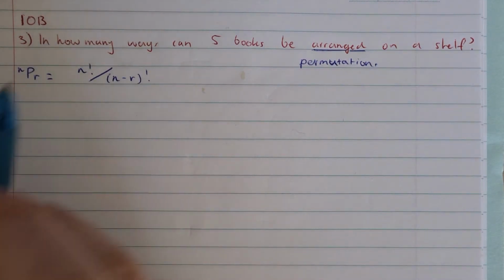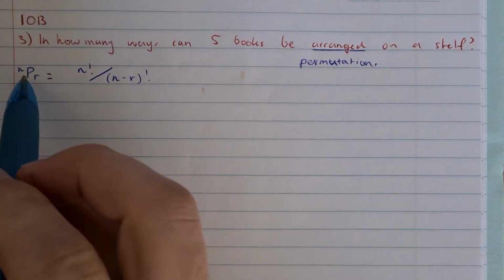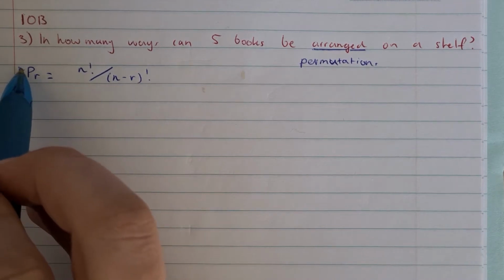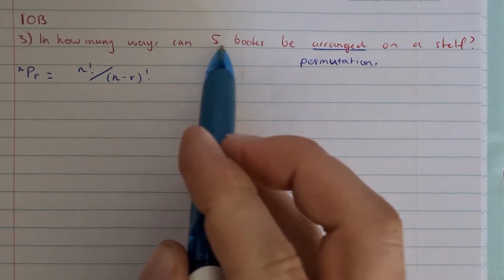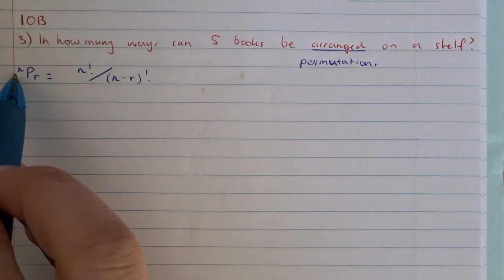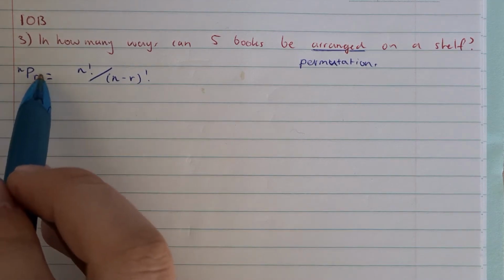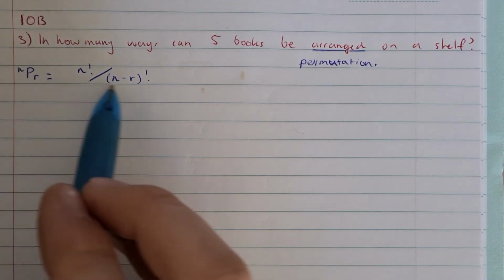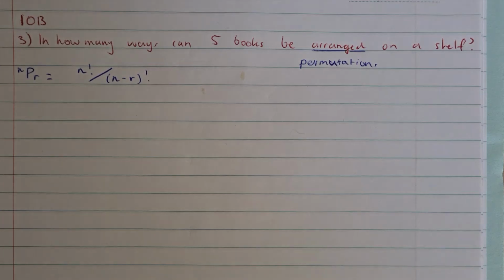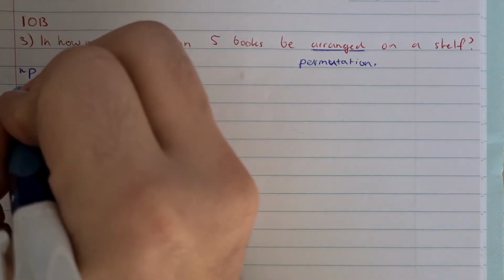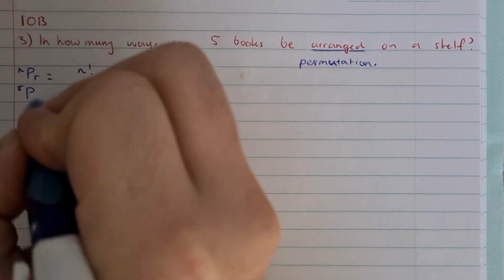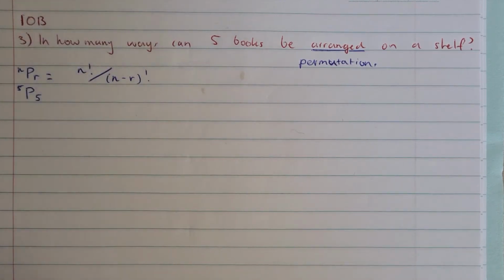What this formula means is, if you have n objects, in this case 5, and you're selecting r of them, this is the formula that gives you how many arrangements you can have. So we've got 5 books and we are selecting 5 of them. So it's actually 5P5.